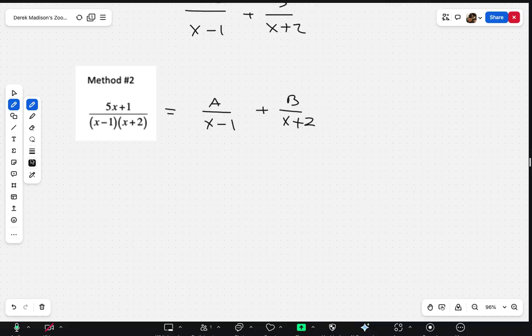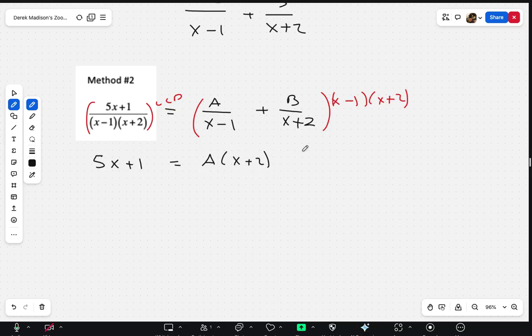And you would still multiply both sides by the LCD, so I'll just go like this. And we'd get to that exact same equation I had in the last example. So 5x plus 1 equals a, and that'd be times the x plus 2, and b would be times the x minus 1.